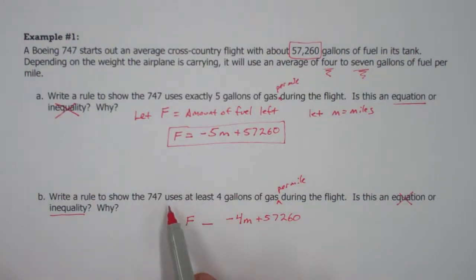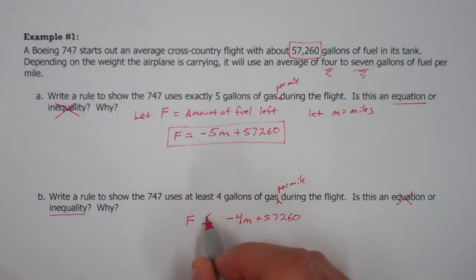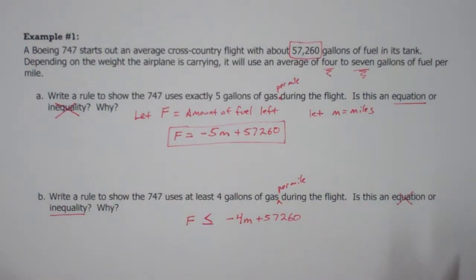But this says write a rule to show the 747 uses at least 4 gallons of gas. So in this case, if we had negative 5m or more, that would be fine as well. So this number would be a little bit lower. I'm going to write this less than or equal to right here.